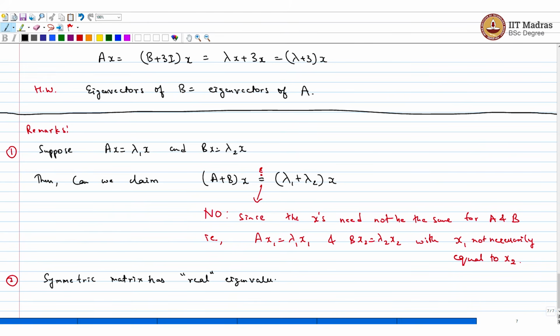Now, to appreciate this fact, we should really see a matrix for which the eigenvalues are not real.